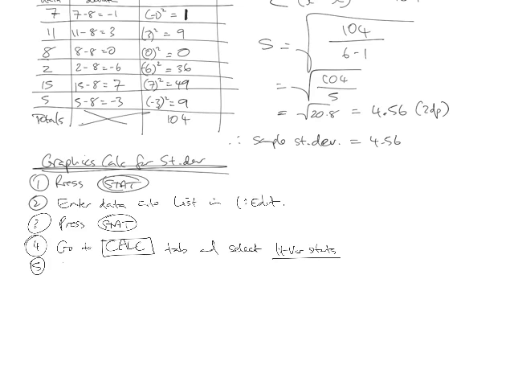Set list to the list with data entered. So in my case, it's list 1, and freq list to nothing. Select calculate.